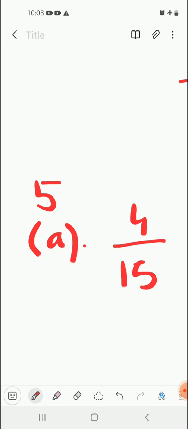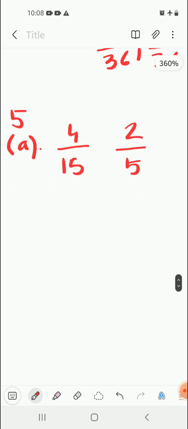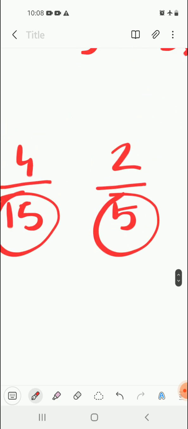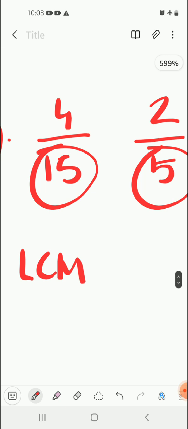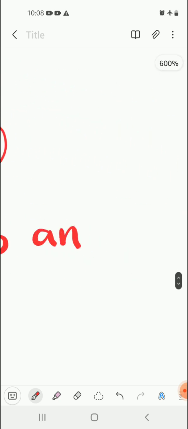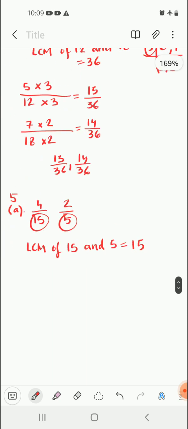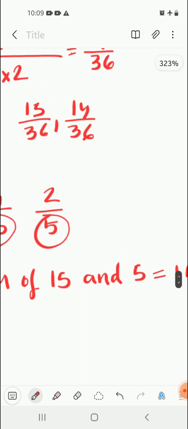You can work it out or also do it orally as I've done it. 5 into 3 is 15, so the answer is 15. If you multiply the smaller denominator and you get the greater denominator, then the greater denominator is our LCM.